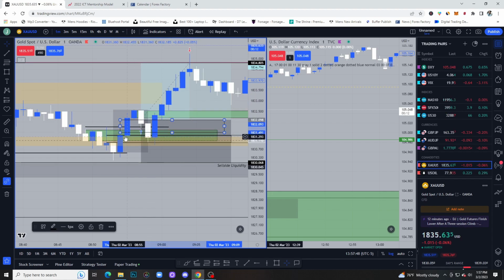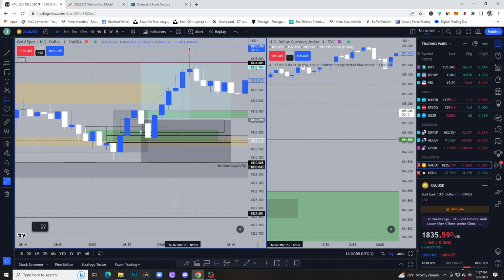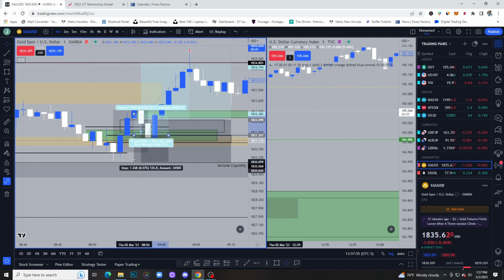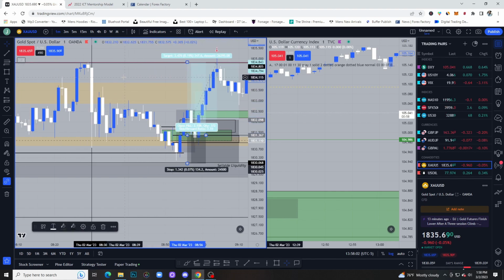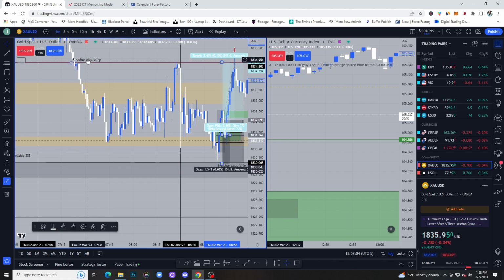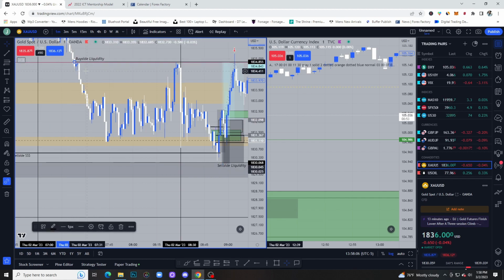If I could have gotten in right here, this trade setup would have used the same stop loss. My take profit area was the buy side liquidity that was formed right here. We have these two relative equal highs right here on the higher time frame, right? A rule of thumb that ICT teaches us is smooth edges like this want to be made jagged.